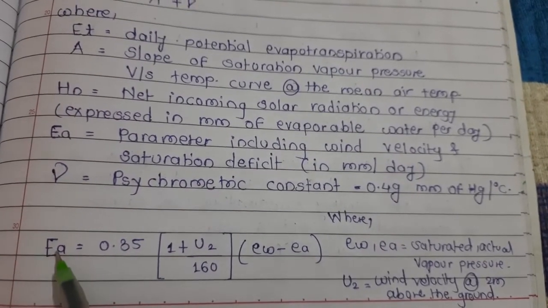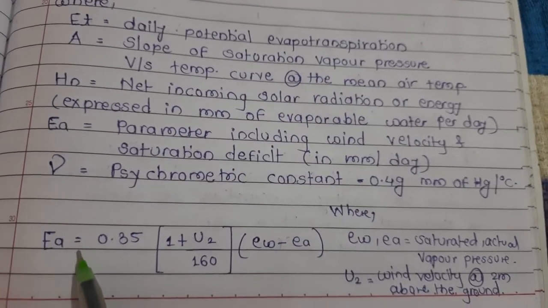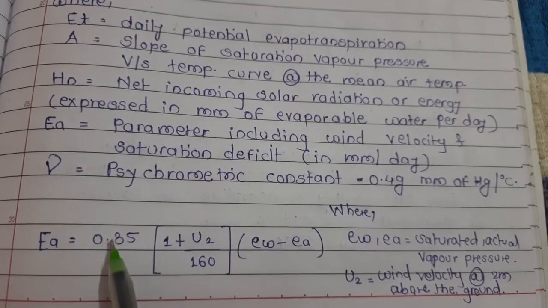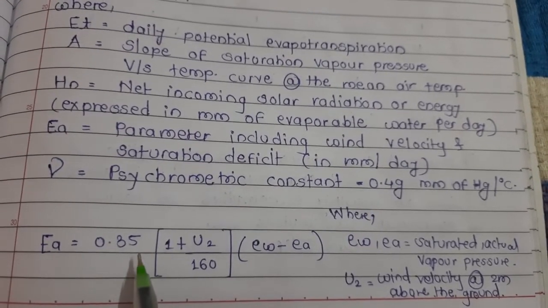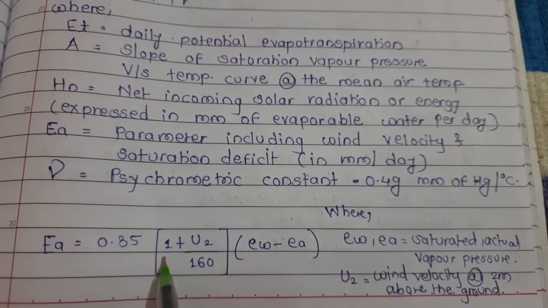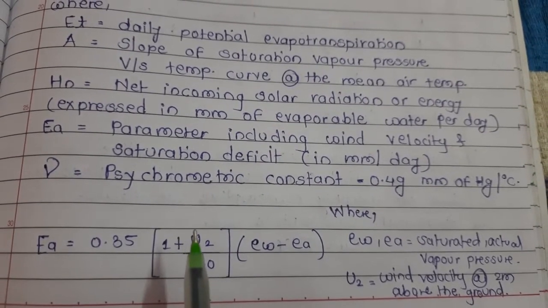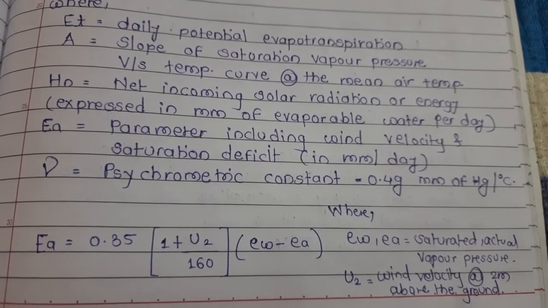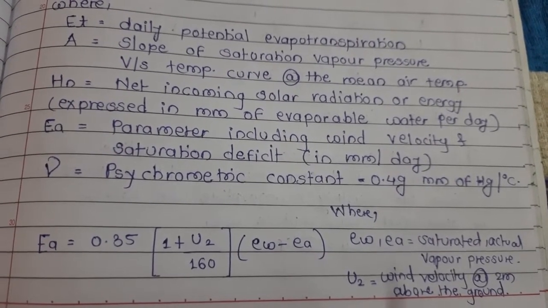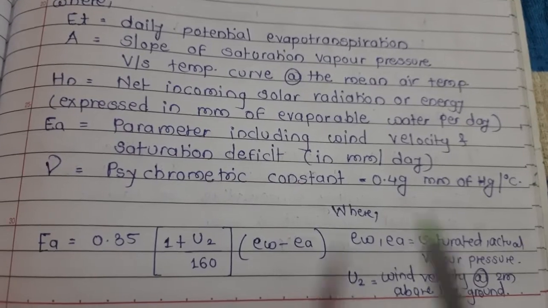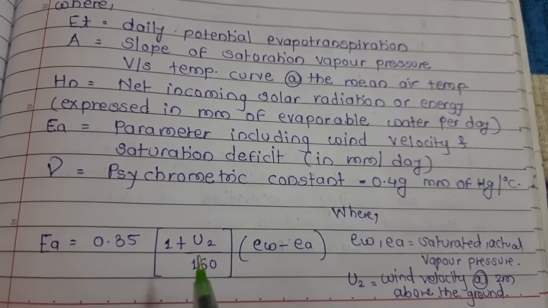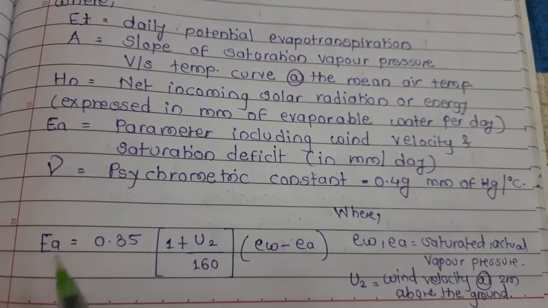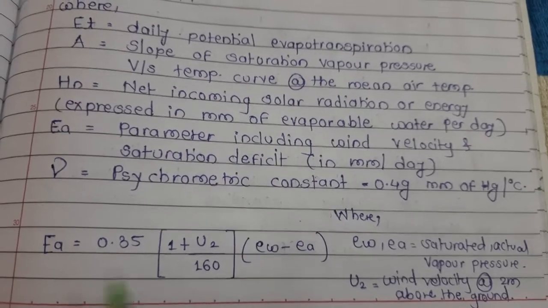Now what is EA? Most of the time, if we have to solve problems on Feynman's method, EA is given in the exam. But if we have to calculate EA, this formula is very important.